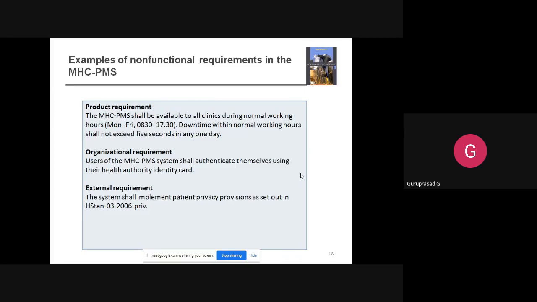Because the patient details have to be maintained safely, correct? The privacy of the data is important. So this is an external requirement. So three classifications. The case study is with respect to the MHC-PMS, patient monitoring system.